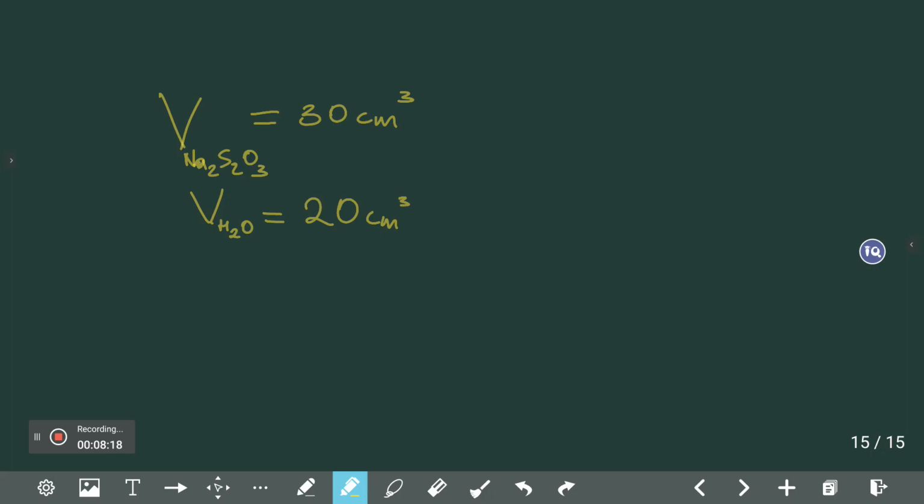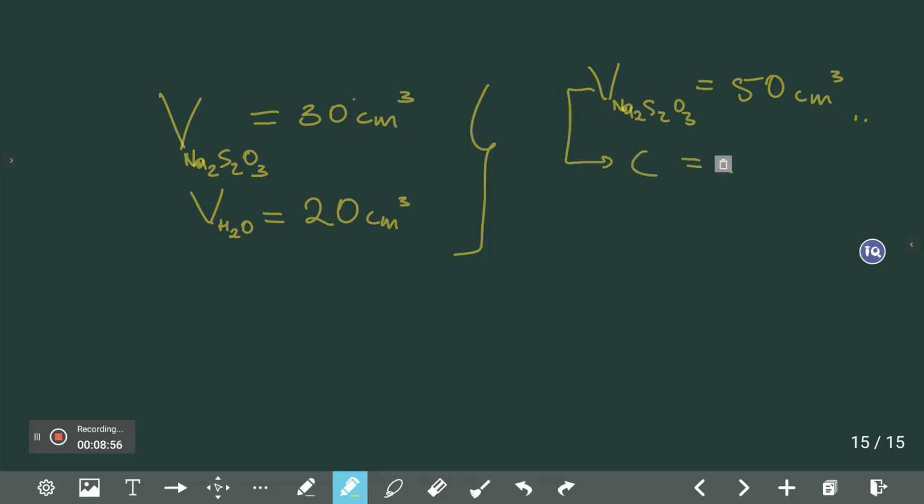But in that question, the volume of sodium thiosulfate is 50 centimeter cubed, and the concentration was given as 0.13 mole per decimeter cubed.